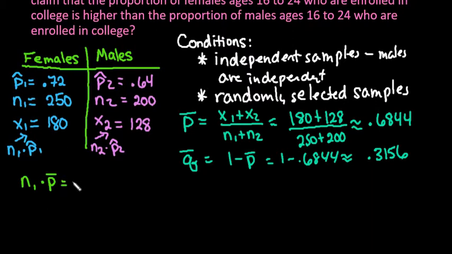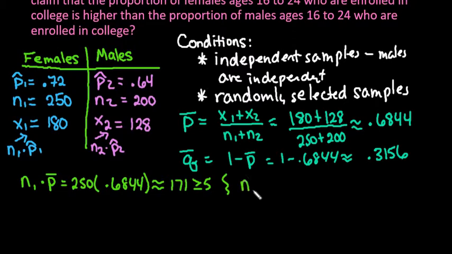So I would take n1, which is 250, and I would multiply it by 0.6844, and I end up with, all right, so 250 times 0.6844 gives us approximately 171, which is greater than or equal to 5.